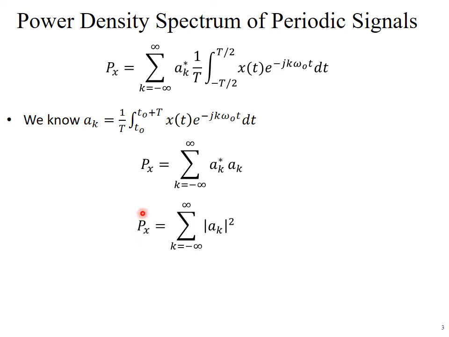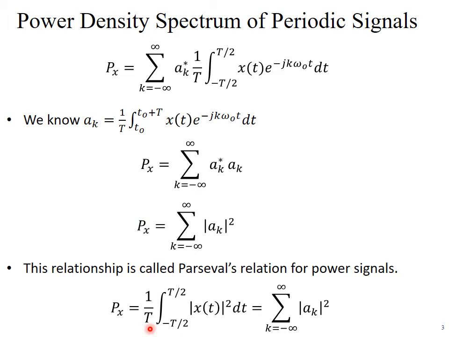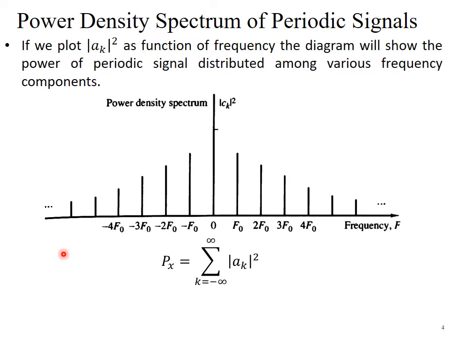The relationship between the spectral coefficients and this integral is called the Parseval relation for power signals. If we plot the magnitude of a k squared as a function of k, or in other words as a function of frequency, the plot is called the power density spectrum.